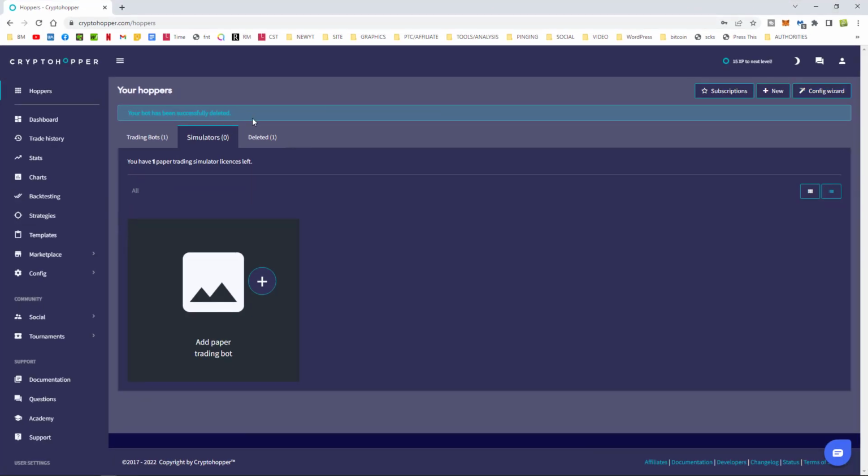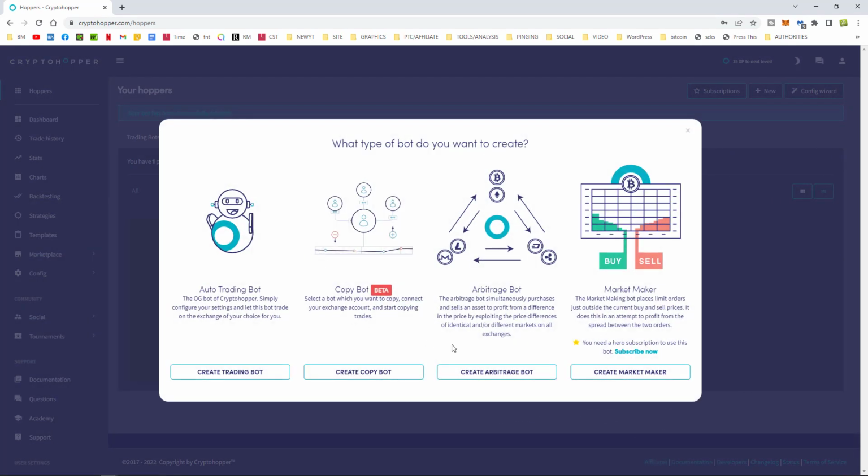Now obviously I've just deleted a paper trading bot there, ready for this. So here I am in my account. Oh, that's new. They've just added the copy bot. Excellent.